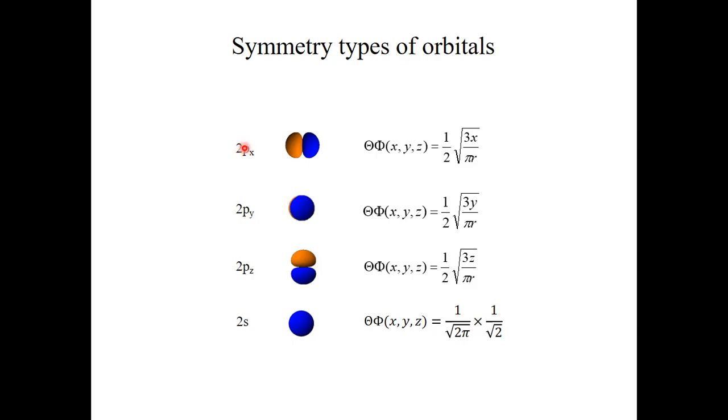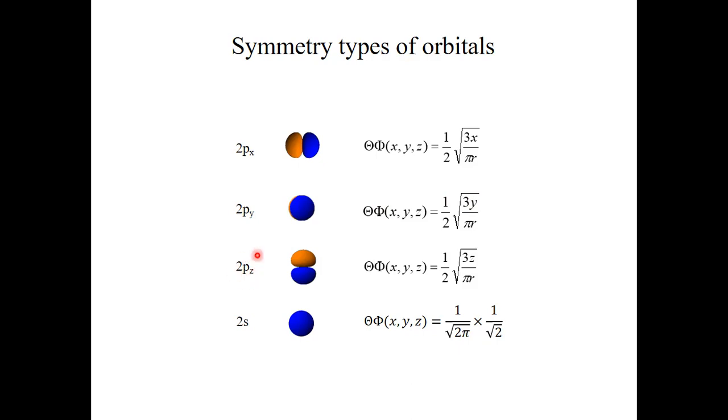Now, another way to predict that would be to remember that the 2px is a linear function of x, and because it's a linear function of x, it must be B1. So remember, the 2py orbital is a linear function of y, and that is again the angular part of the wave function here. And for that reason, it must be B2.